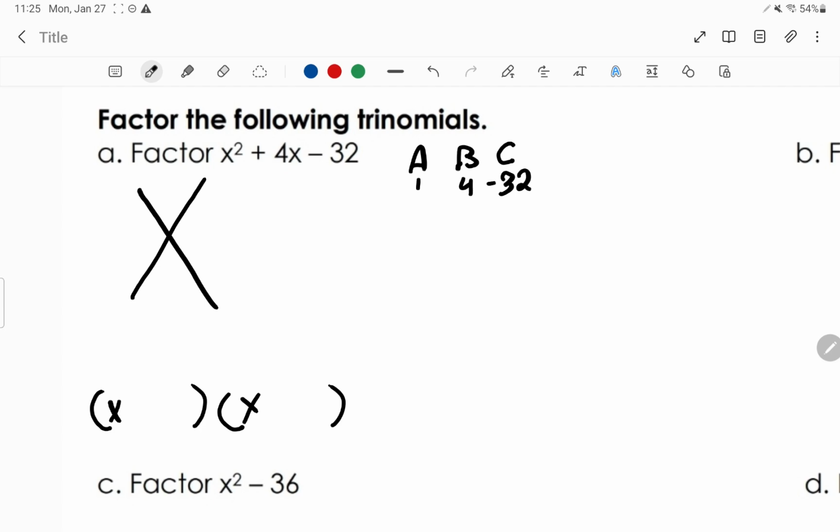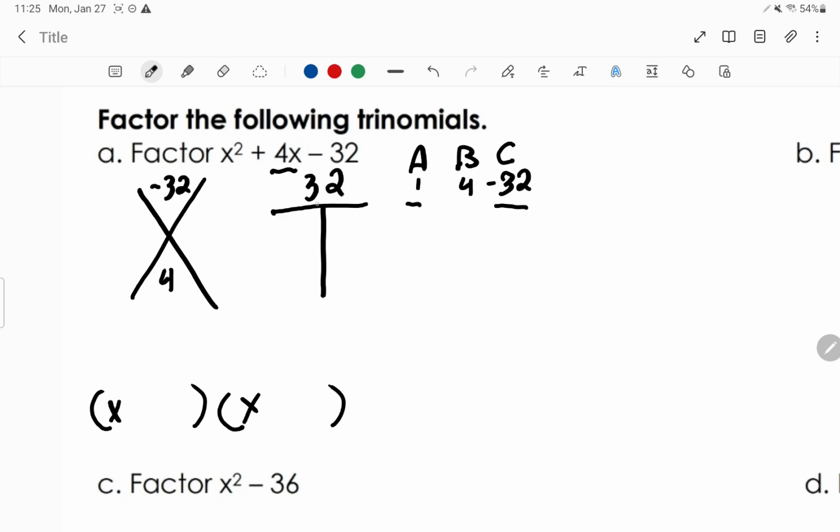All right, so on the top, I know I need to do A times C, which is negative 32. And on the bottom, I need to pick 4. There we go. All right, now we do our t-shirt, just like we've been doing so far, and I need to find the factors of 32.